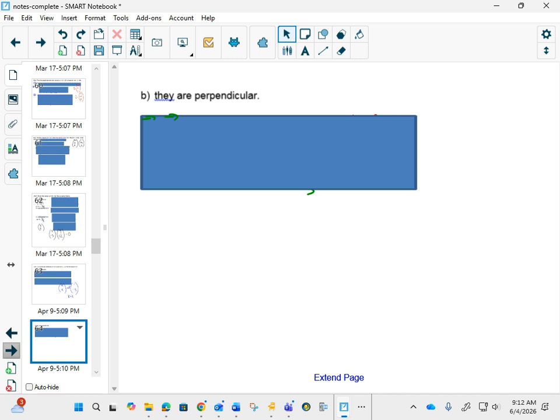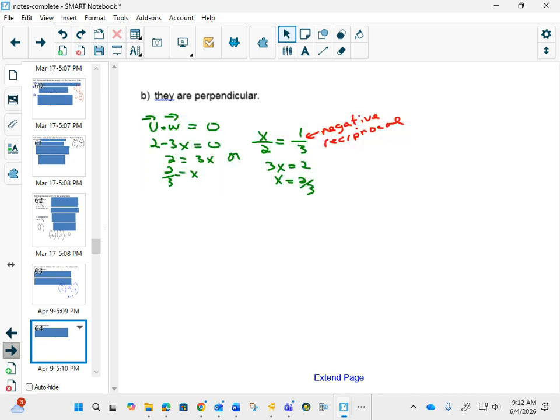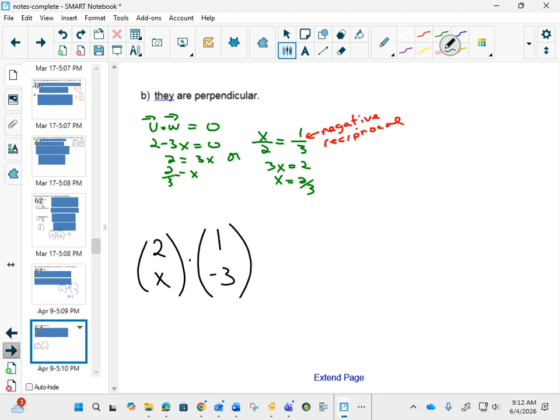If they're perpendicular, the dot product, so again, we have 2 and x dot product with 1 and -3 becomes 2 minus 3x, that has to equal 0. So then x would have to be 2/3.